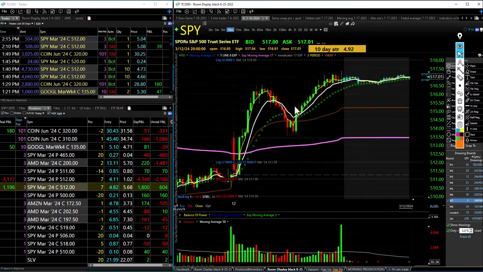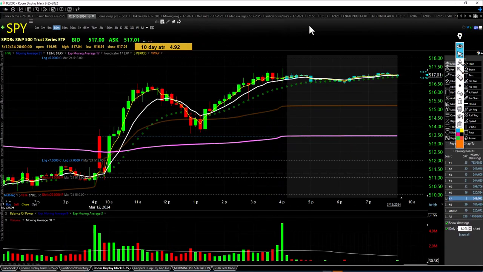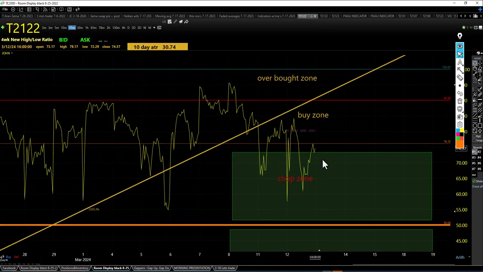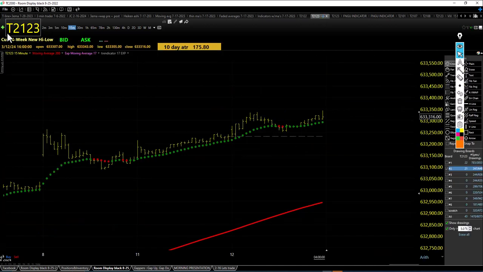So how did I know it was moving up? When I checked, I had set up my indicators. I've got this one, T2122. We were in the buyer's chop zone at the time, so that was not helping me out. T2123, which measures all 7,000, 6,000 stocks in the NYSE, was helping me out because we had a pullback to VWAP, and then we started to bounce away from it.